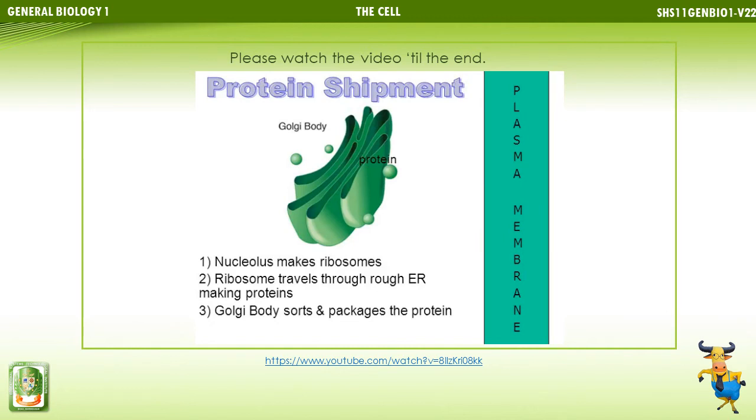When the Golgi body releases the protein, it also will put it in a protective vesicle. So the vesicle is going to be a protective little envelope. Watch this. The protein is put into a protective vesicle and it's released. The vesicle fuses with the cell membrane, and then the protein is simply released from the cell, goes where it's needed.